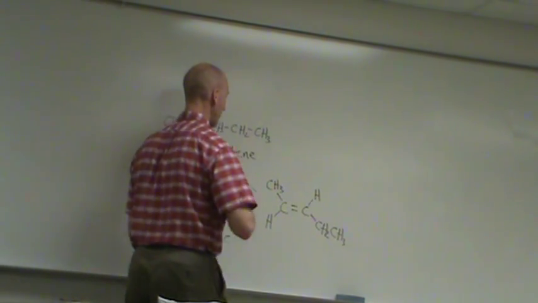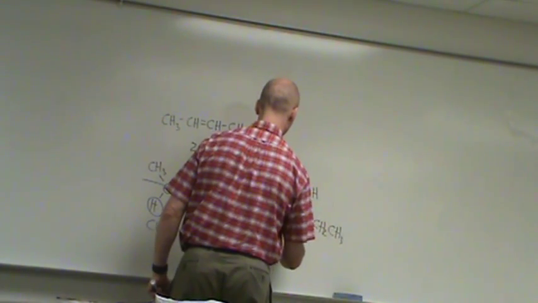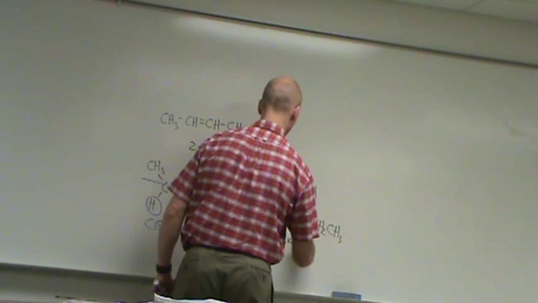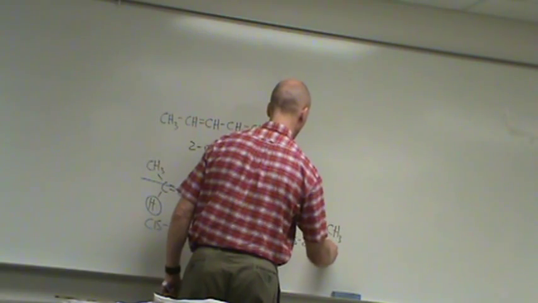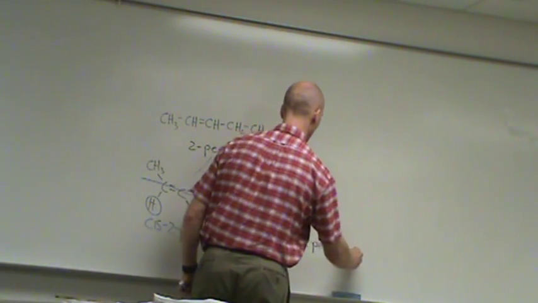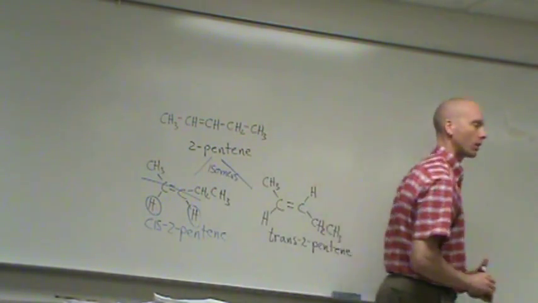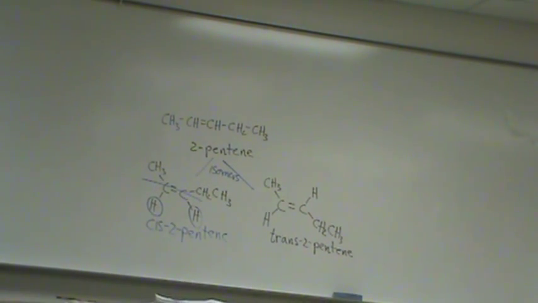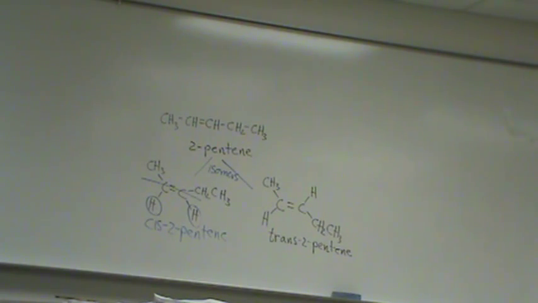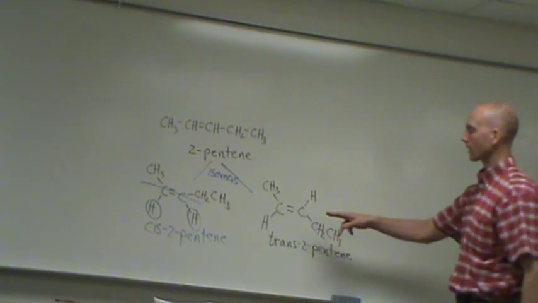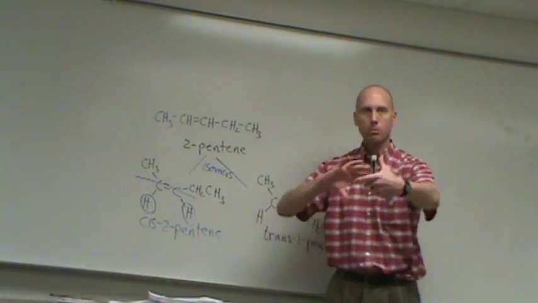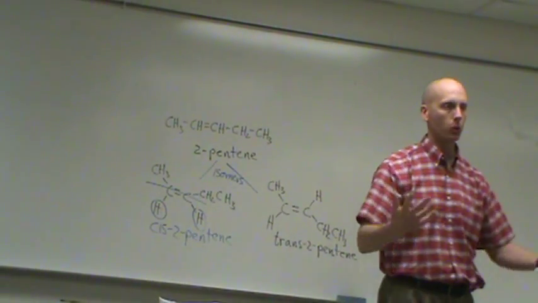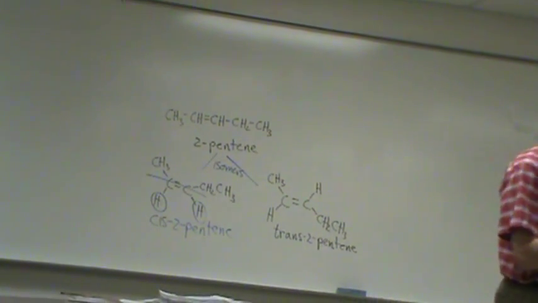Okay, so we learned this back with cyclic molecules. Okay? So when one of the groups is the same on both carbons, I get cis and trans isomers. I cannot convert this to that by rotating. I'm stuck in both cases, just like the ring was stuck.